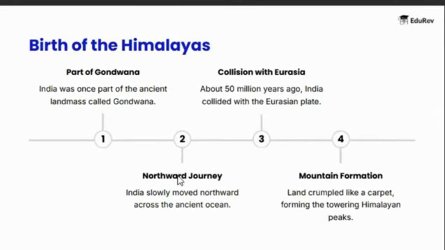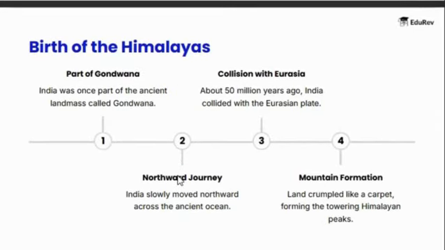Now we have the birth of the Himalayas. How were the Himalayas formed? The Himalayas were formed a long time ago. India was part of a larger landmass called Gondwana. It broke and started moving to the north about 50 million years ago.